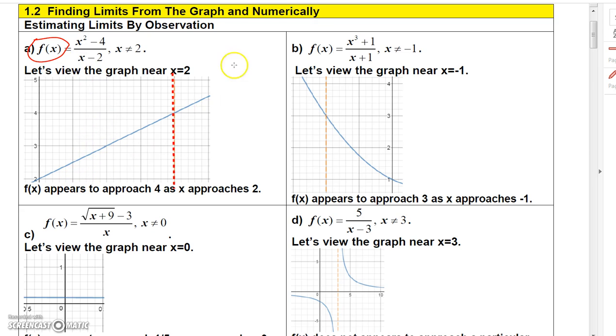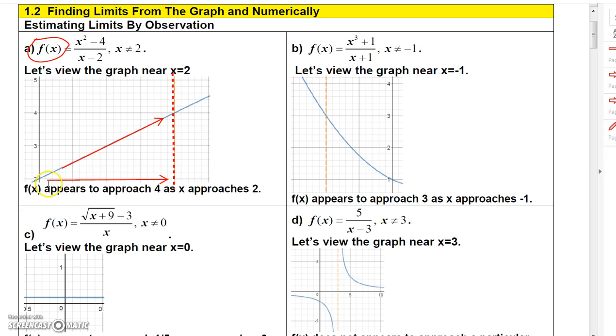Well, if we approach 2 from this side, basically what's going to happen is this.